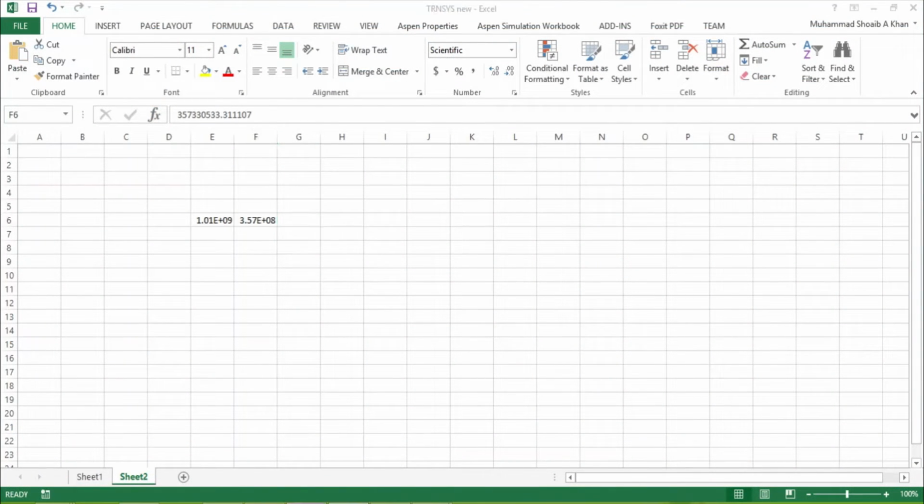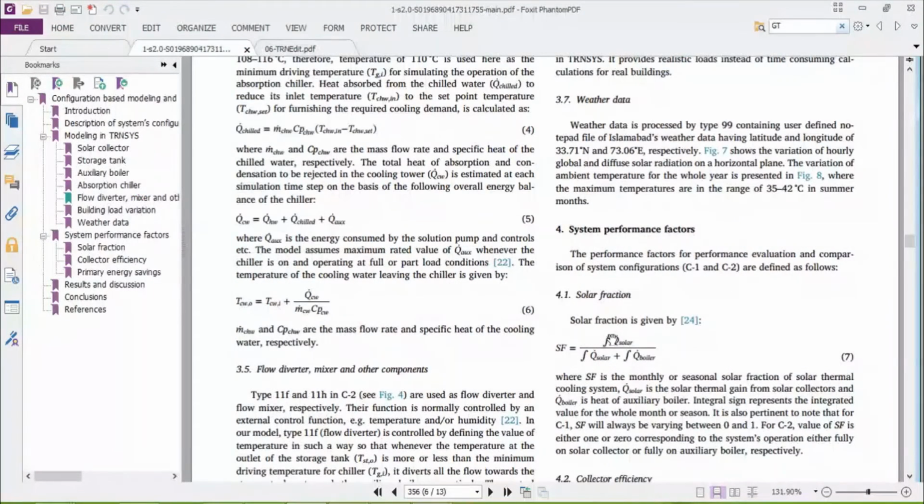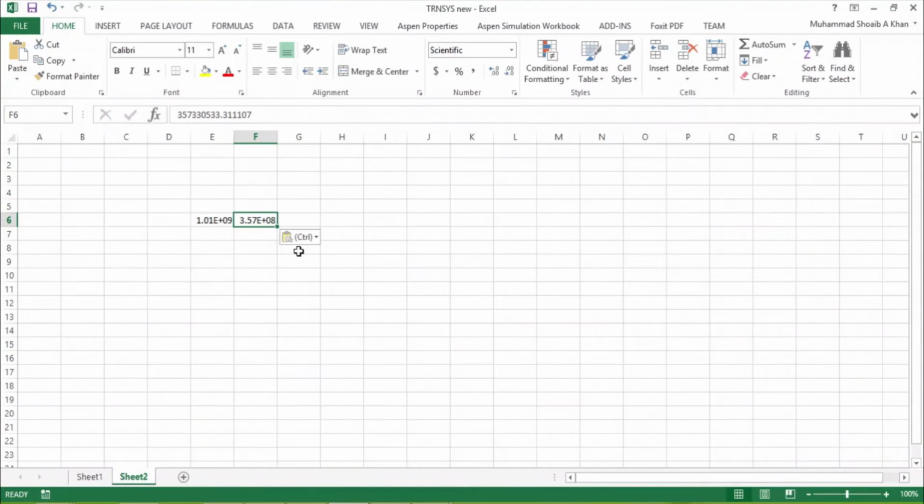So we will calculate the solar fraction, which is Q useful divided by Q useful plus Q auxiliary. So it is about 74%.